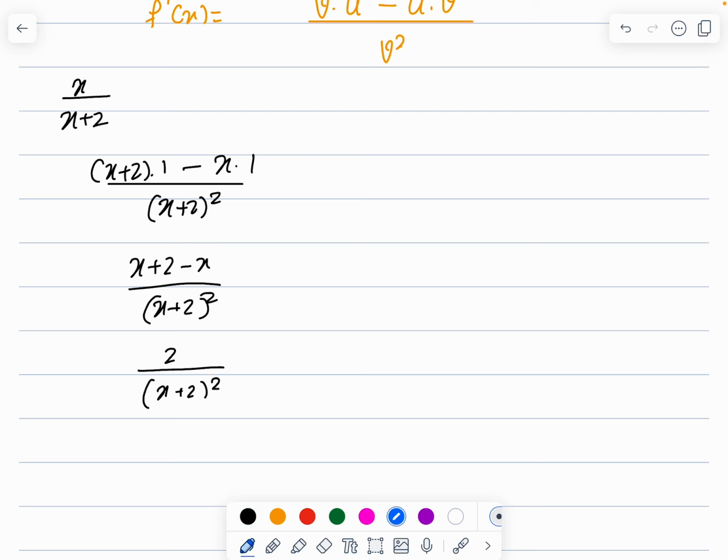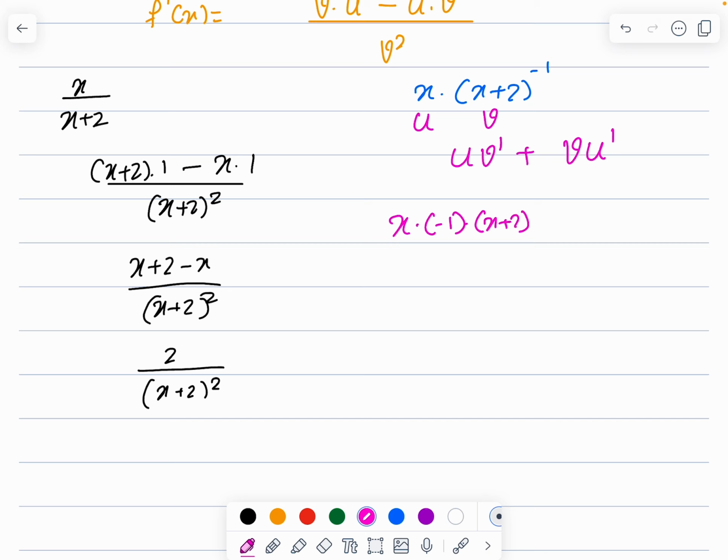We can see that every quotient rule question can be converted into a product rule question. I converted it into a product of two functions by taking x plus 2 to the numerator with a negative power. So this becomes u and this becomes v. The formula for the product rule, which we learned in the previous video, is uv prime plus vu prime. So u is x, v prime is negative 1 comes in front, x plus 2 to the negative 2, times 1, plus v, which is x plus 2 to the negative 1, times u prime, which is 1.